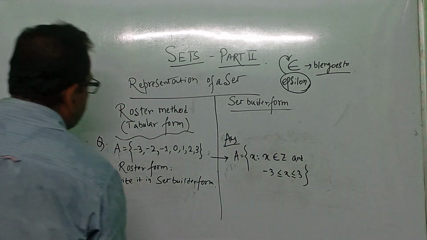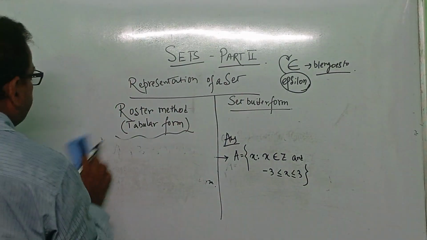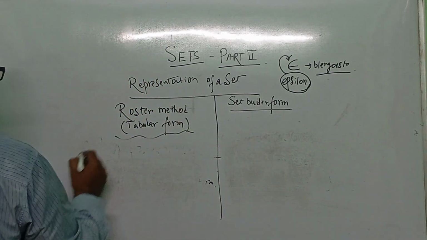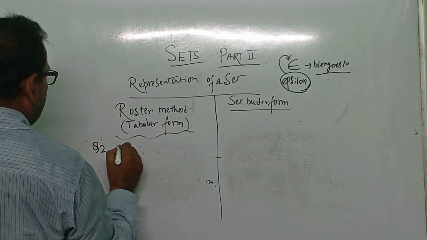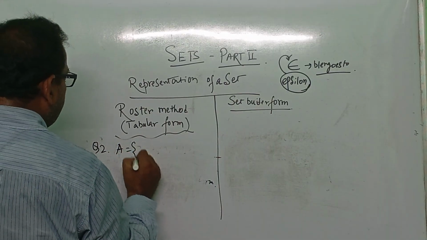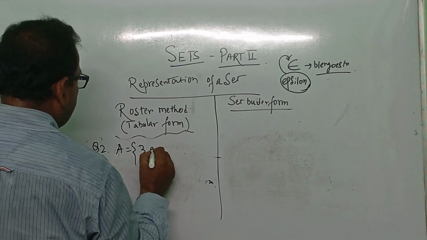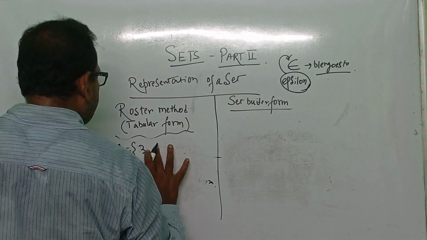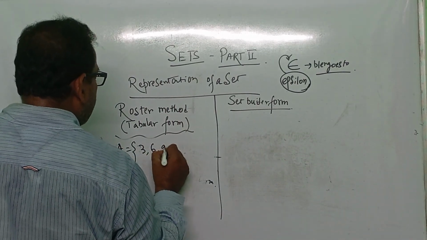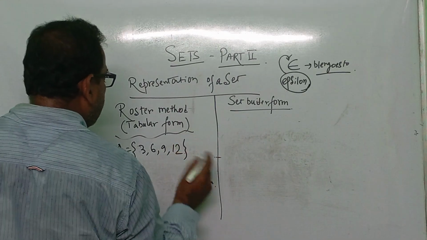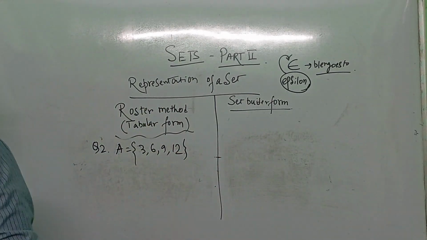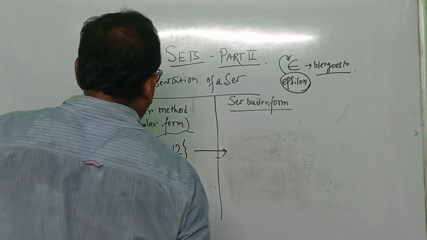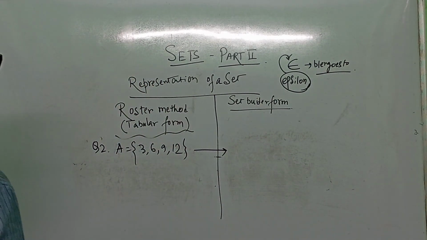Then we write question number 2. Now there is a set A given, 3, 6, 9, 12, and this is the roster form. How will we write it in set builder form?